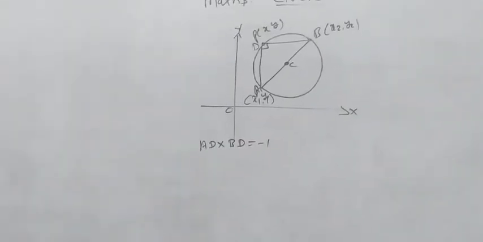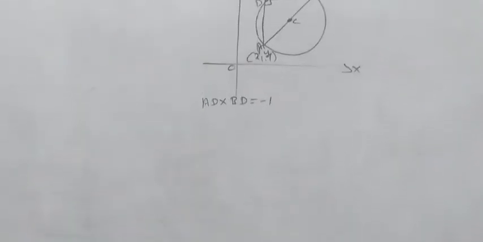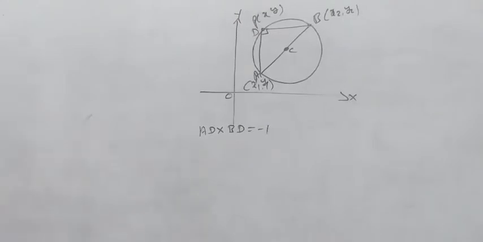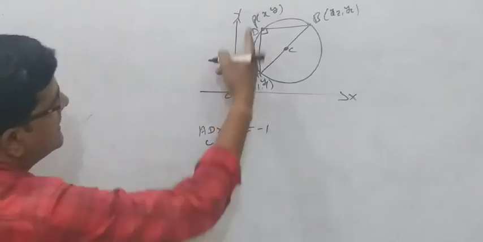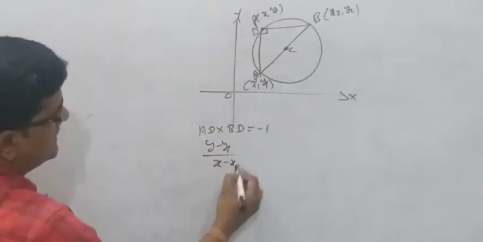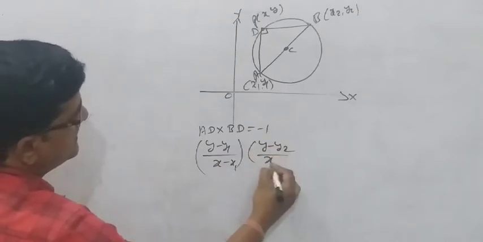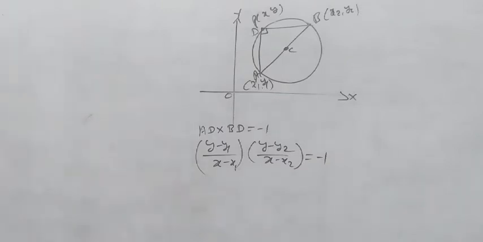Then how can we find the slope? (y minus y1) upon (x minus x1), into (y minus y2) upon (x minus x2), is equal to minus 1. Understood?